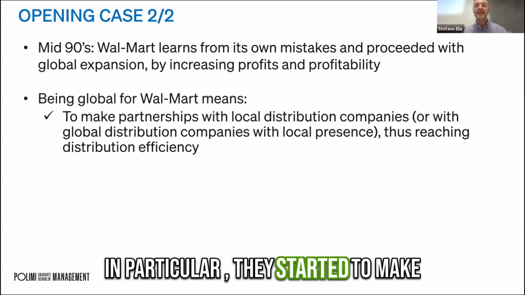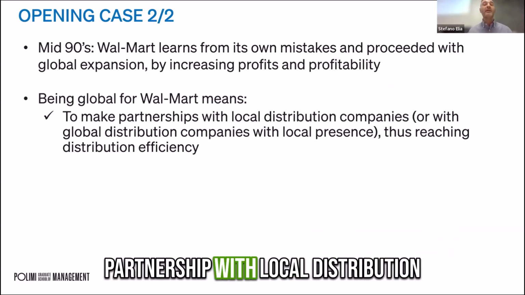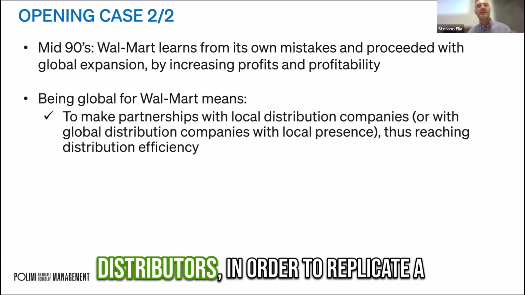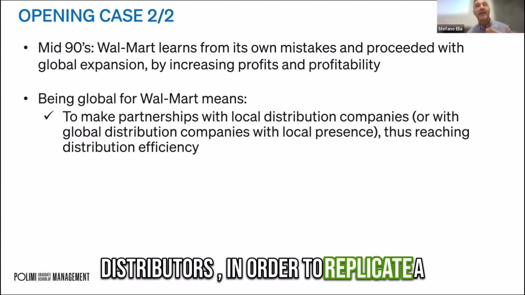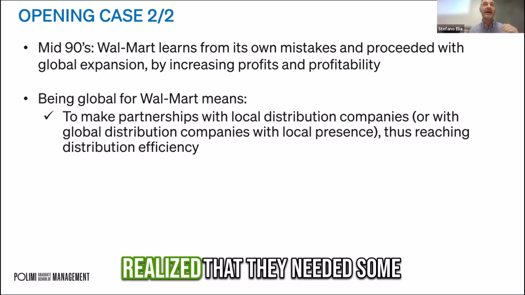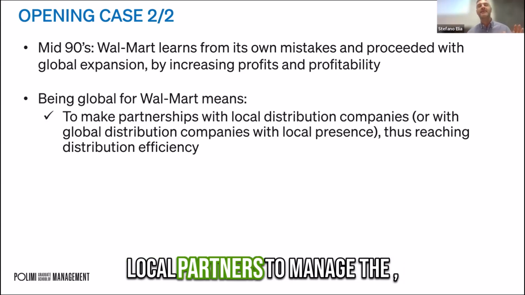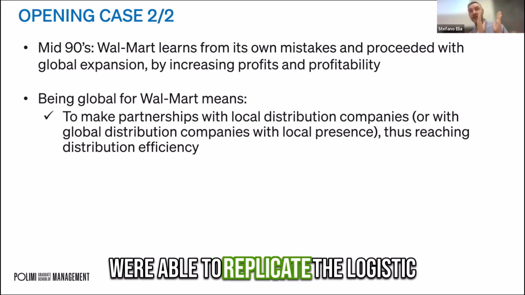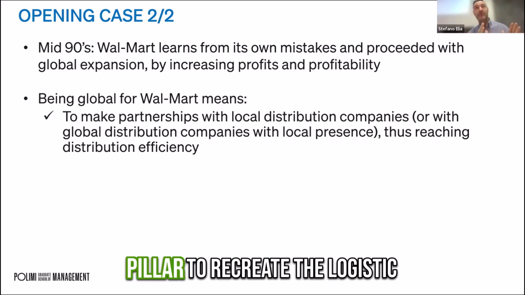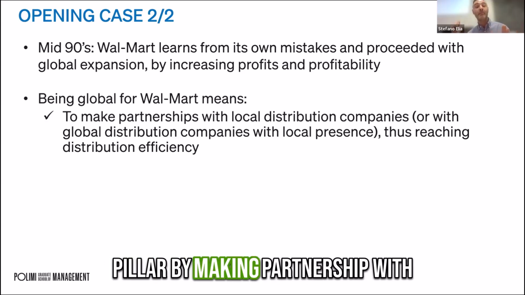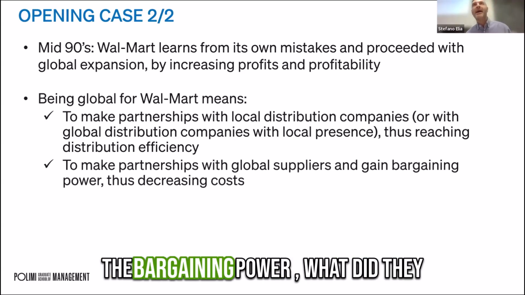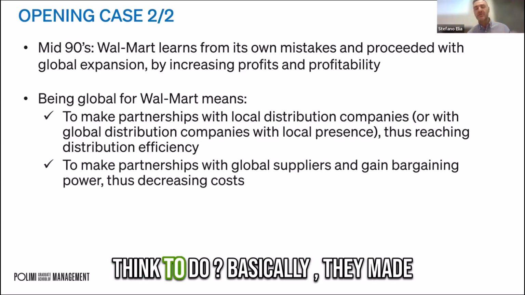How? In particular, they started to make partnerships with local distribution companies or other global distributors in order to replicate the distribution efficiency. So they realized that they needed some local partners to manage the logistics, and therefore they were able to recreate the logistics pillar by making partnerships with local distributors. Then, as regards the bargaining power, what did they think to do?